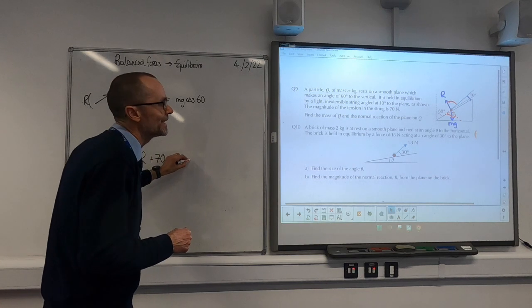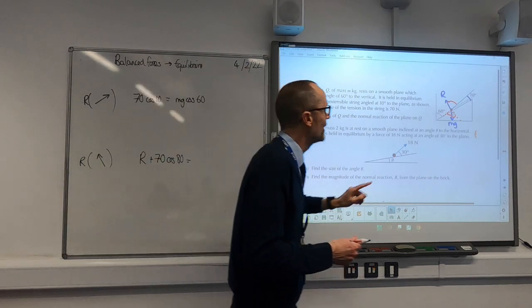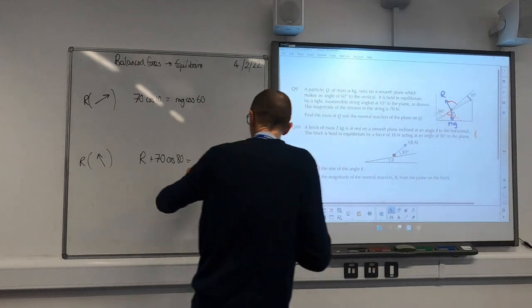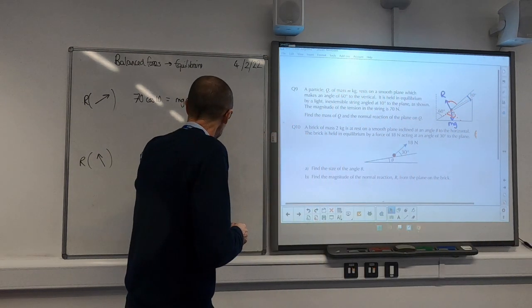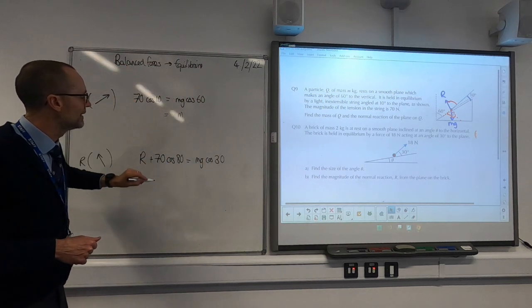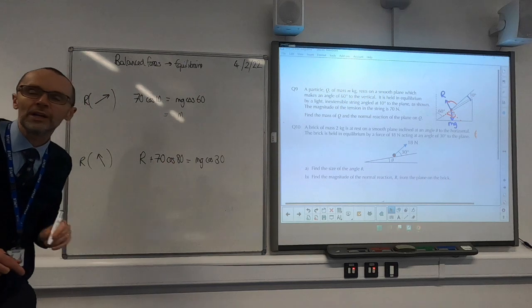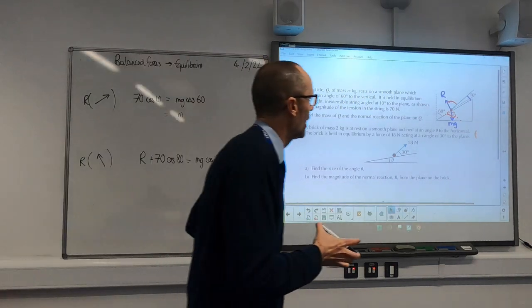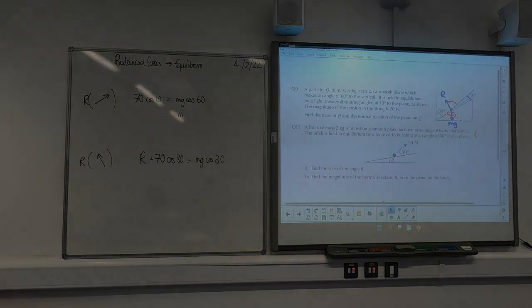And then going down, I've got the component of this force. Now that's 30, so it's mg cos 30. I've just worked out m here, so I should be able to work out R as well. Do you want to see if you can finish that first one ahead of Tuesday's lesson?